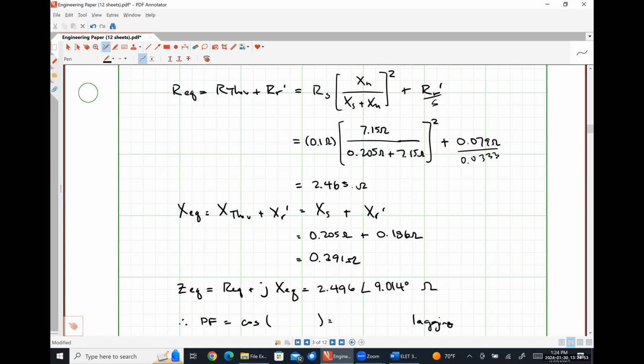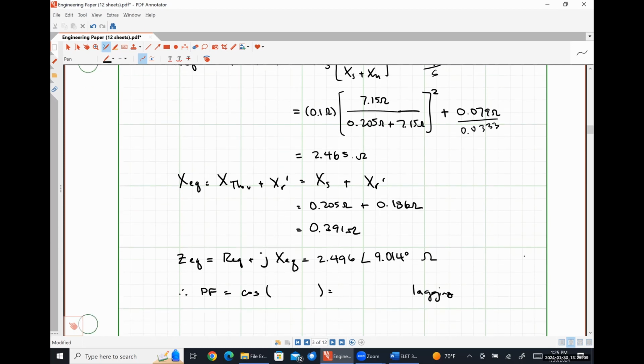So let me store that in my calculator as A. The cosine of the angle of what I have stored as A, 9.014 degrees, came out to be 98.765 percent lagging.